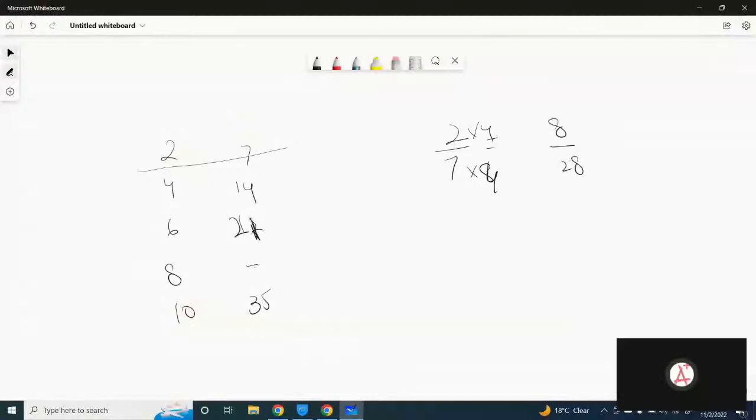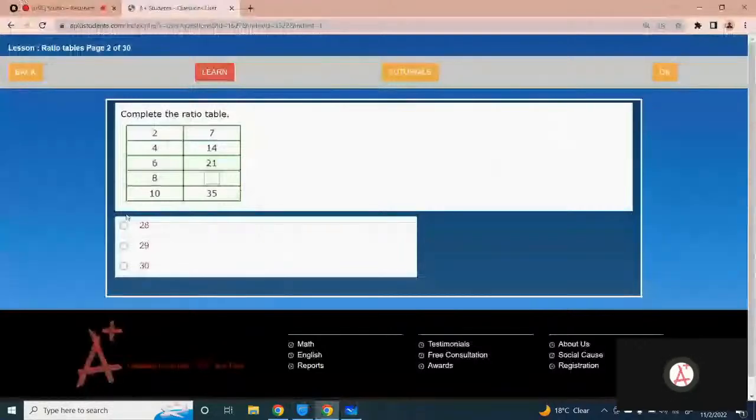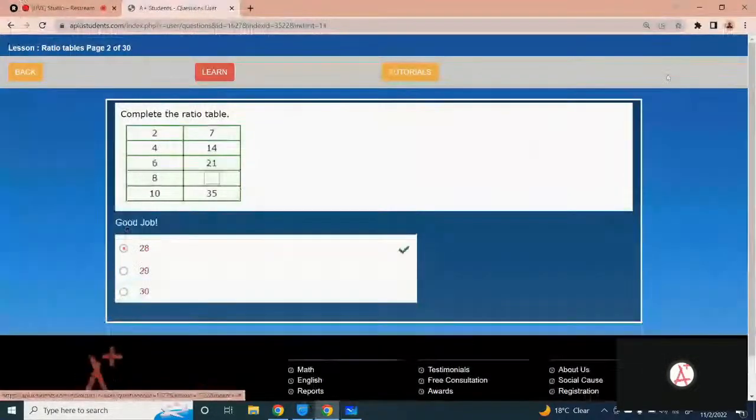So that means the missing number is 28. Just select the correct option and click on the OK button.